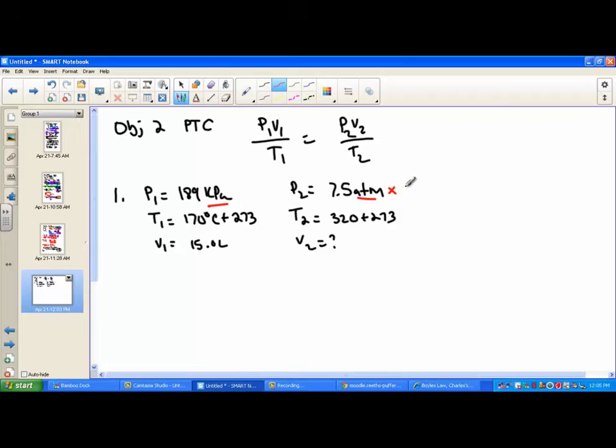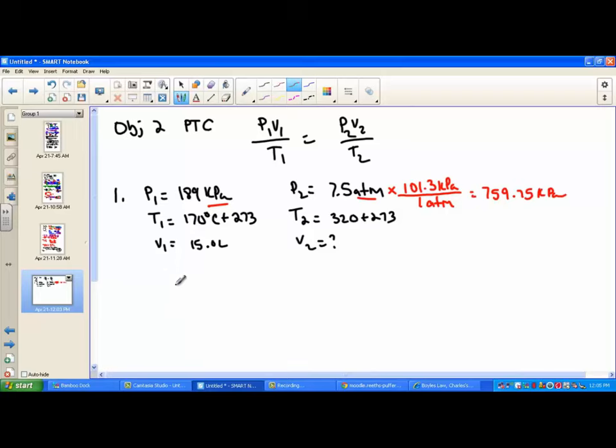So here we have 7.5 atmospheres. We're just going to use the standard value of 101.3 kPa for every 1 atm. Remember that it absolutely doesn't matter if we change this into atmospheres. We just need to use like units before we can put it into the algebra. 7.5 times 101.3, and that's 759.75 kilopascals. So quite a big pressure change.